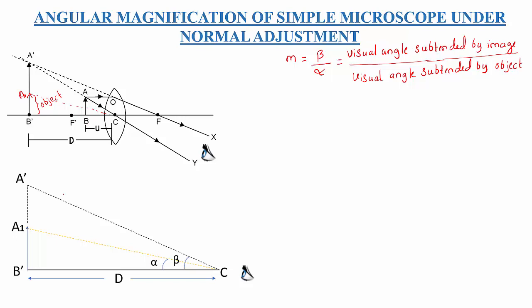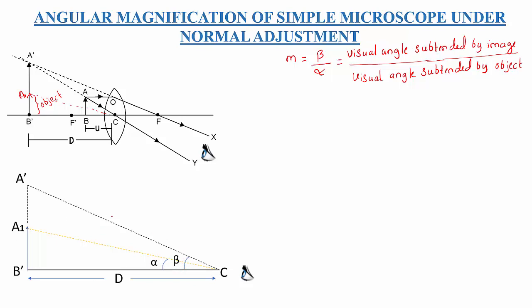Now the same diagram is redrawn here. A dash B dash is the image. This image subtends the angle beta, because beta is the visual angle subtended by the image. Alpha is the visual angle subtended by the object. The object is displaced to A1B dash. Now we have the alpha and beta values.